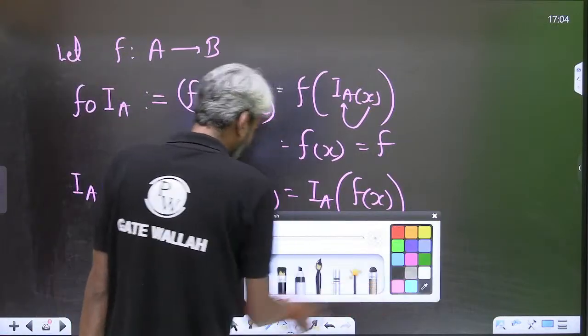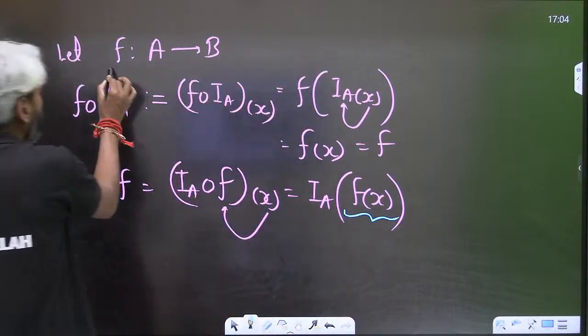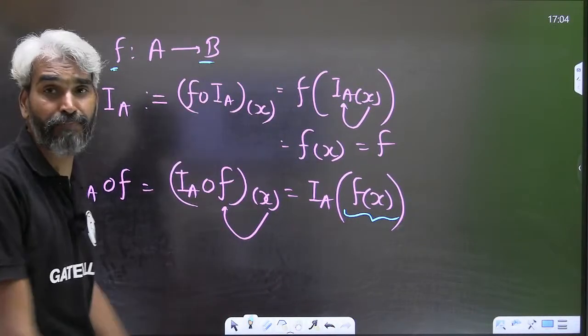Now the idea is that the value produced by function f will be from set B, right?